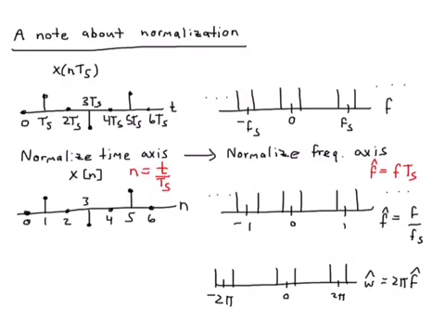Okay, now these are just copies, right? And so really there's only one part of the frequency axis that's unique, and the rest of it just repeats outside of there. The part that's unique is the part between minus fs over 2 and fs over 2, right?